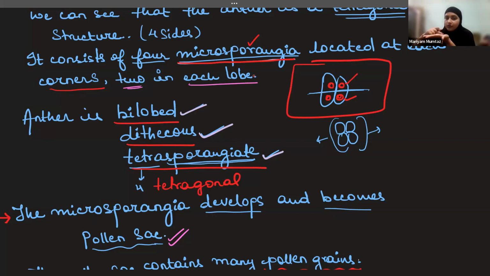Each of those 4 sides has microsporangia present, so 4 microsporangia, we call it tetrasporangiate. These 4 qualities define an anther: bilobed, dithecous, tetrasporangiate, and tetragonal. Even if you miss out tetragonal, bilobed, dithecous, tetrasporangiate are more than enough to describe the angiospermic anther.